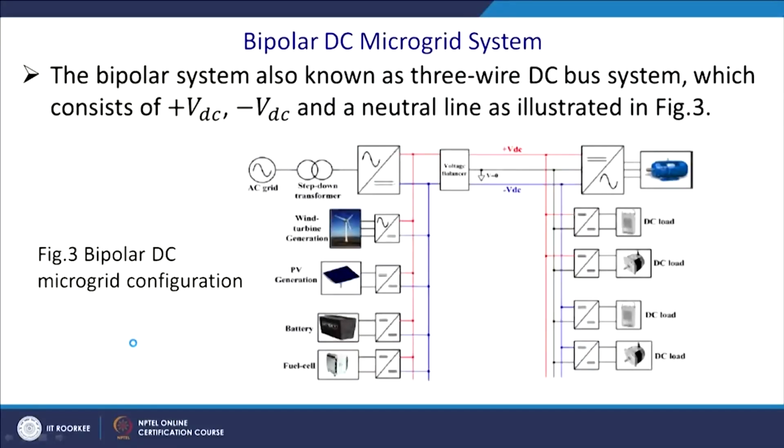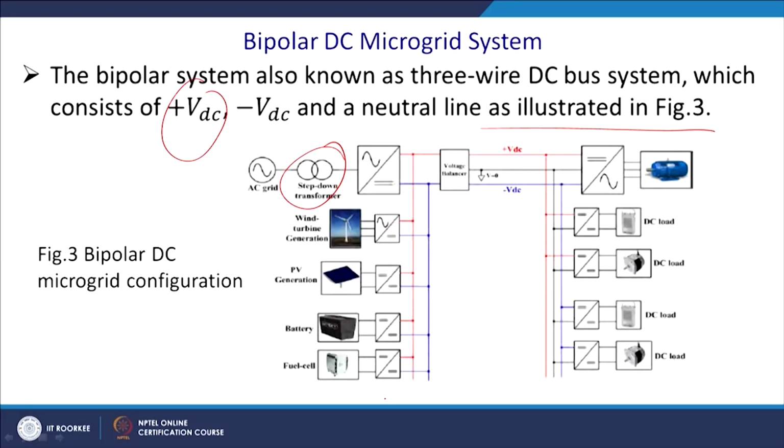Whereas you have a bipolar DC system, known as the 3-wire DC system, consisting of the plus DC, the minus DC and the neutral line. So, you have an AC grid, a step down transformer, and the AC to DC conversion system, and this is the bus. Here you can see the red line is the positive bus and the blue line is the negative bus.